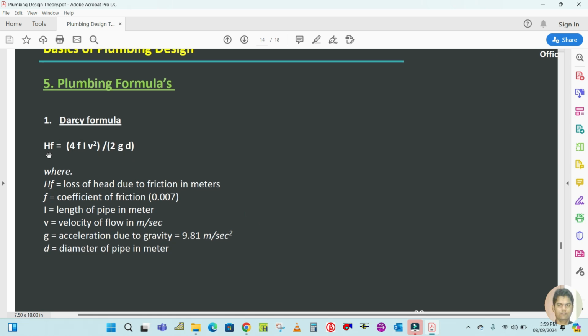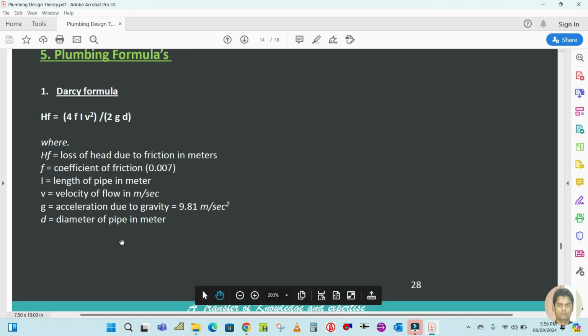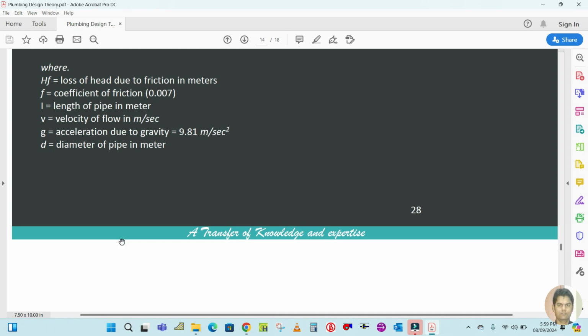The Darcy formula is hf equal to 4 f L V squared divided by 2 g d, where hf is the head loss due to friction in meters, small f is the coefficient of friction, which is 0.007, L is the length of the pipe in meters, V is the velocity of flow in meters per second, g is the acceleration due to gravity, 9.81 meters per second squared, and small d is the diameter of the pipe in meters. Using this equation we calculate the head loss.